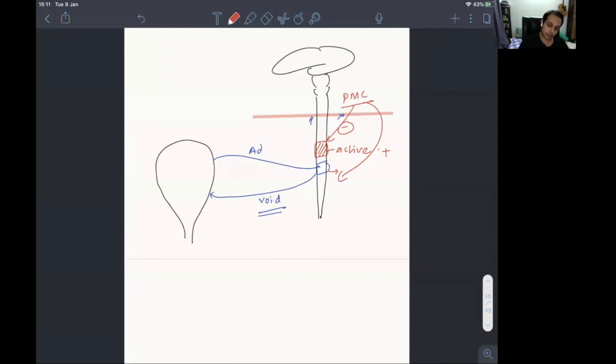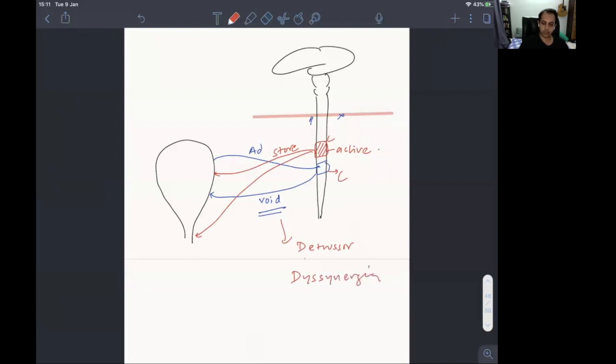So if the parasympathetic is active, the sympathetic is supposed to step back. But now, because your PMC itself is gone, both your parasympathetic and your sympathetic will start acting independently. And so the sympathetic may also give the command to store. And this is known as detrusor sphincter dyssynergia, so it is DSD.